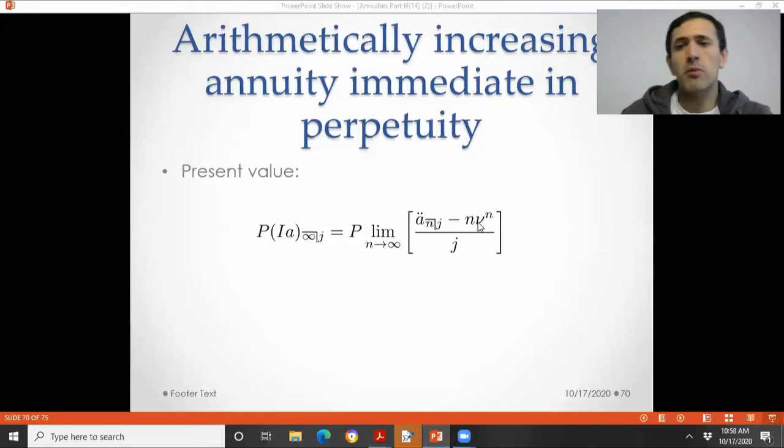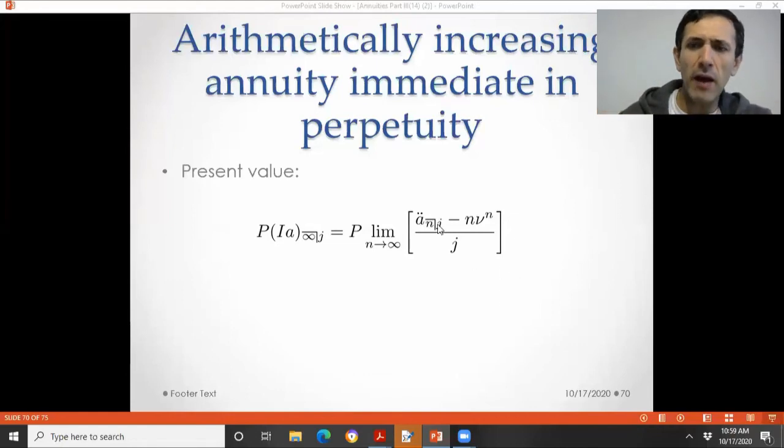And you should remember or use L'Hopital's rule to get that n nu to the n, because nu is strictly between 0 and 1, is going to go to 0. So nu to the n goes much faster to 0 than does the n. So nu to the n wins and forces the whole thing to go to 0.